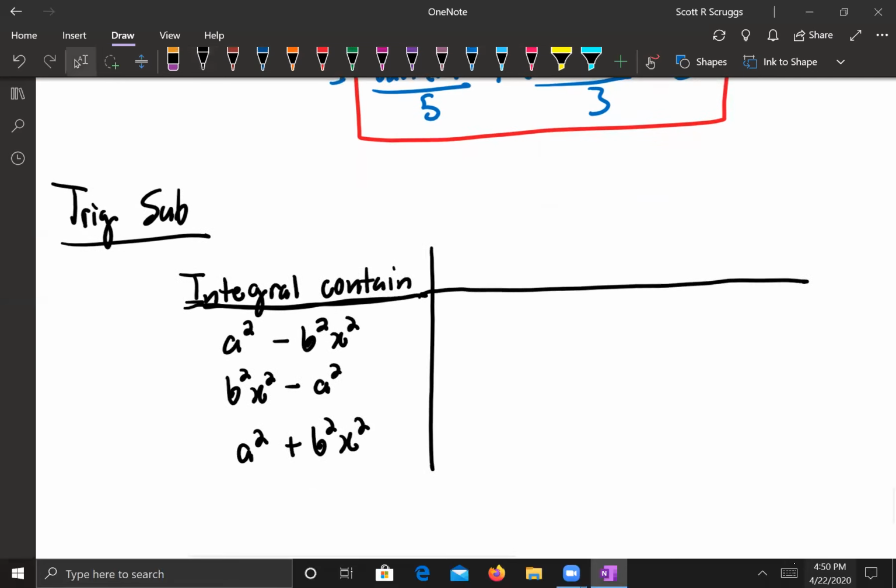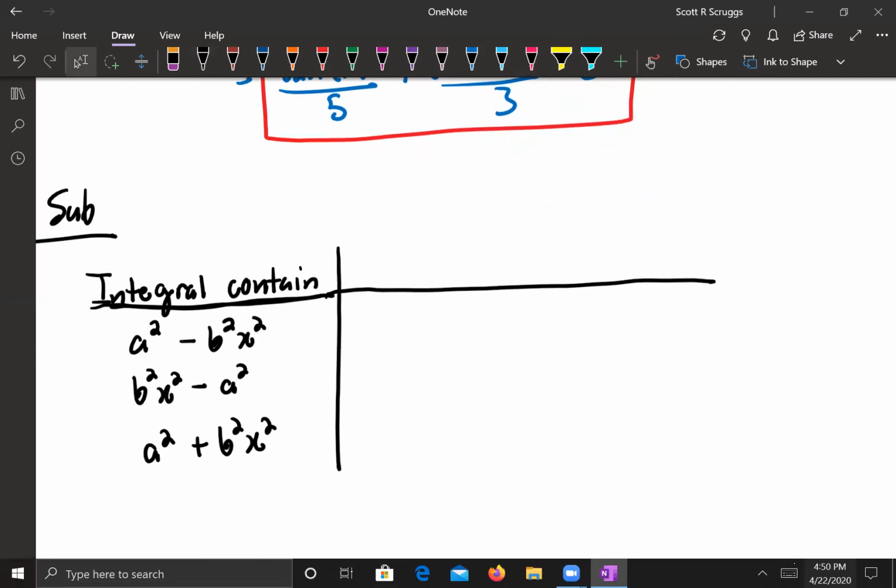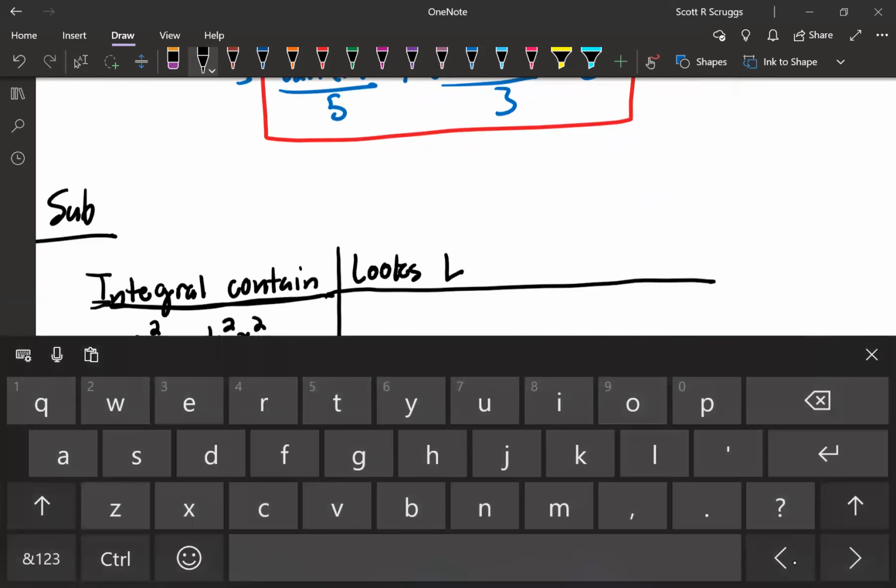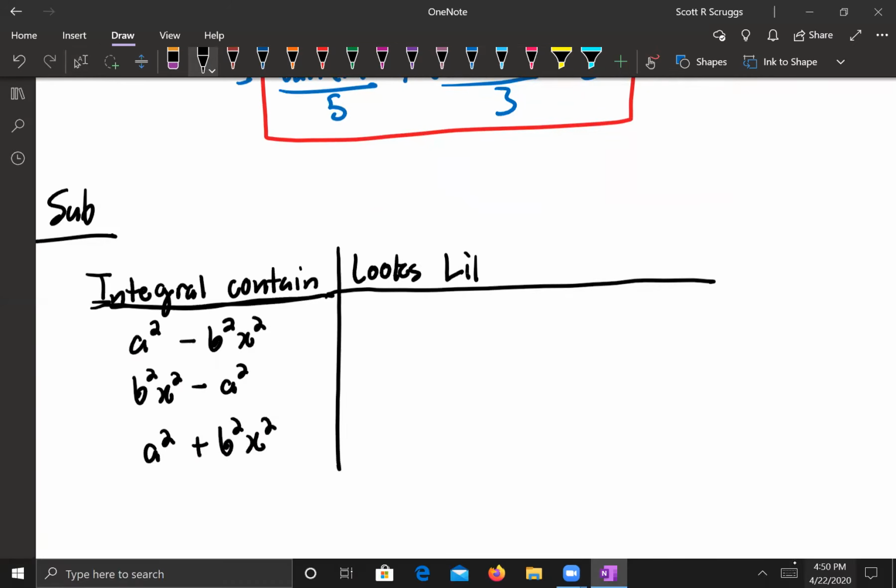So depending on what I have in my integral is going to affect what type of substitution that I do in my integral. And the way we do that is, I ask myself, what trig identity does that look like?